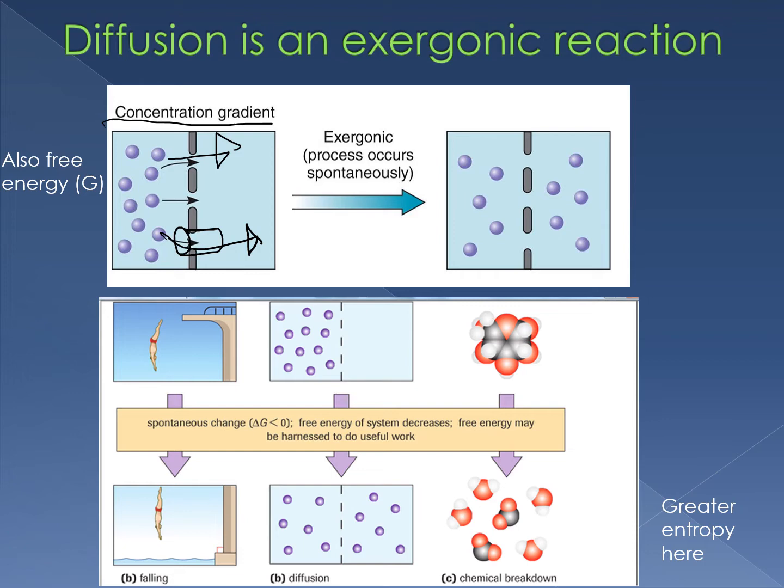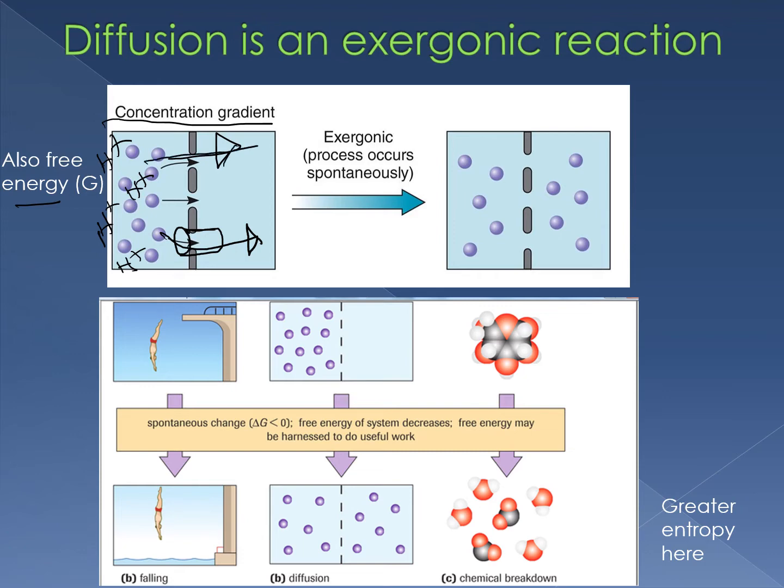And guess what? Cells do this by creating these concentration gradients, except they're not funny little balls. They're protons or positively charged hydrogen ions. We put them all on one side of a membrane. That represents free energy. Why is it free? Well, nothing's really free, but we can call it free.